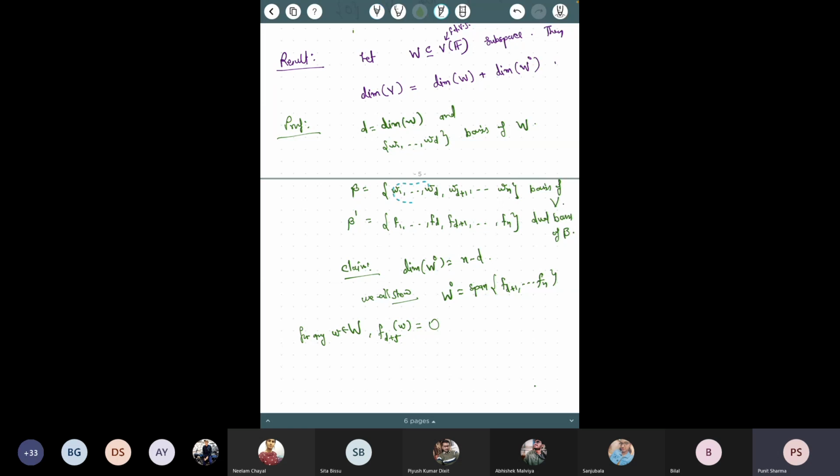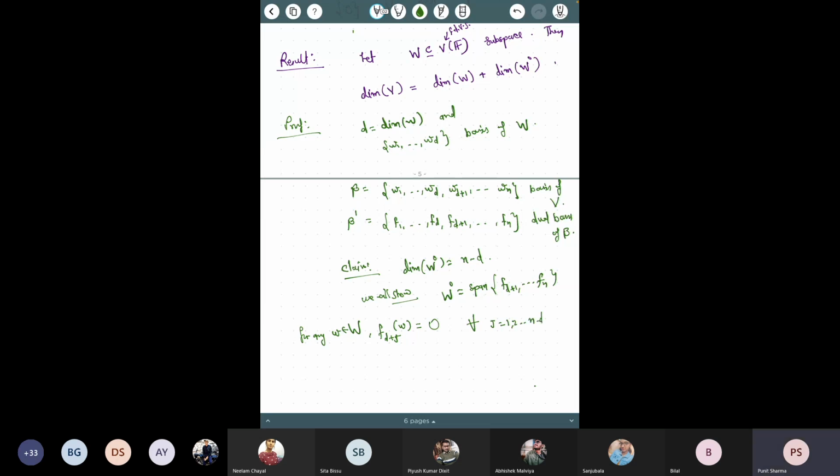And we know that these functionals satisfy the duality property, that means f_i(w_j) is equal to delta_ij. Using this, the value of these on these is 0. So this is 0 for all j from 1 to n minus d.